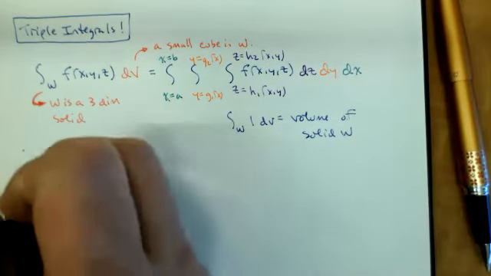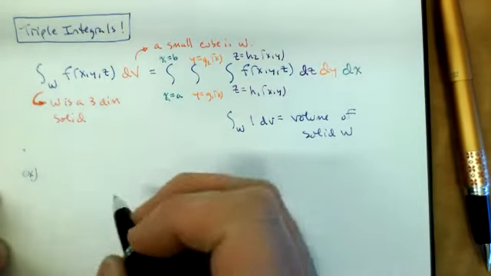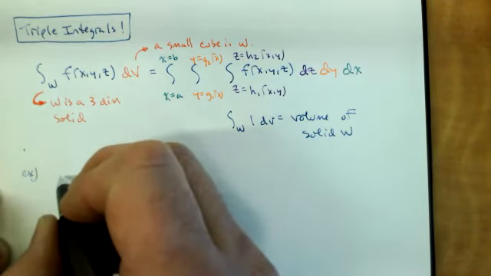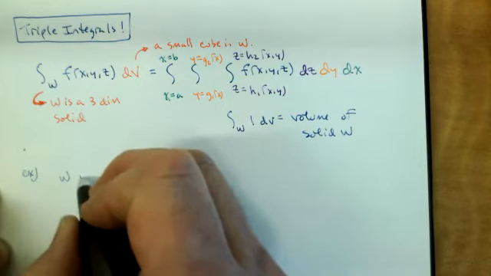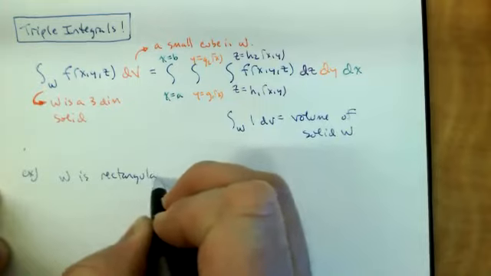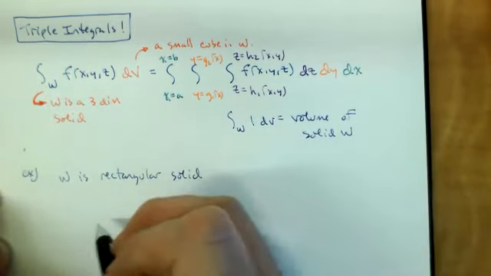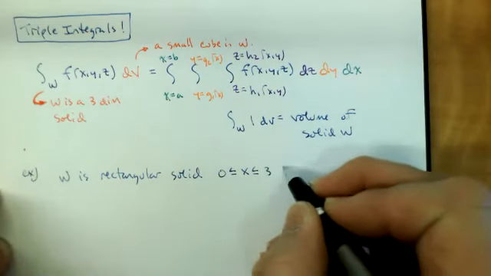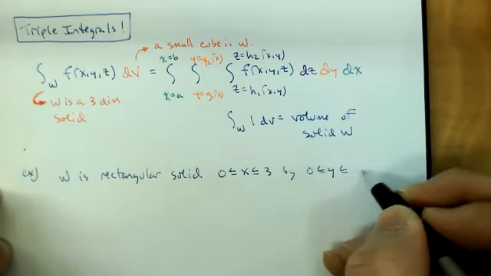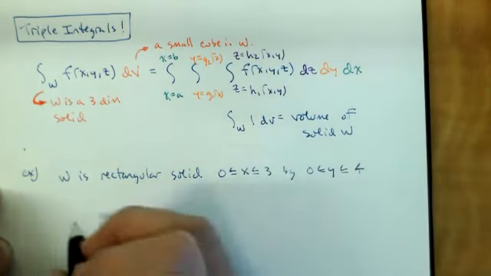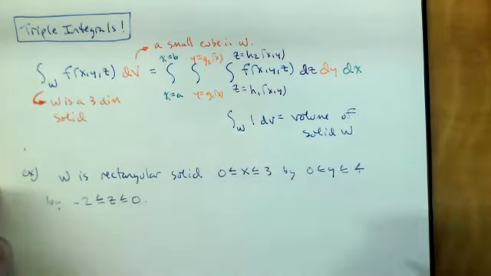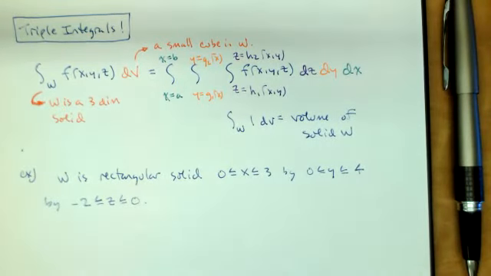All right, let's look at an example. So if W is a rectangular solid, X goes from 0 to 3, Y goes from 0 to 4, and Z goes from -2 to 0.